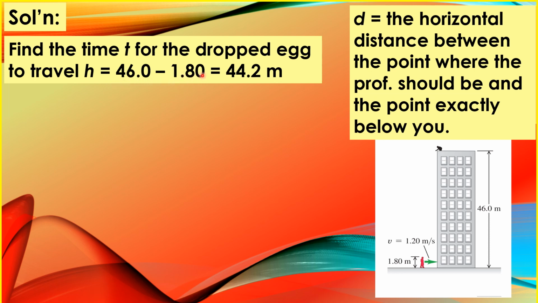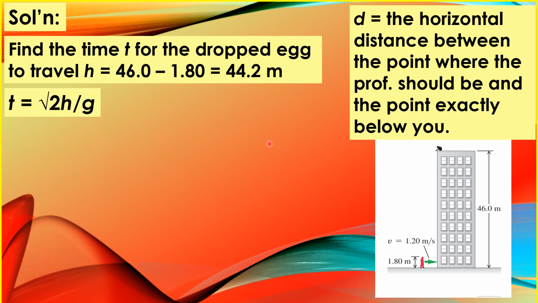This 1.80 meters is the height of the professor, and the height of the building is 46.0 meters. So the dropped egg will travel a distance which is the difference between these two. That is 46.0 minus 1.80 meters, or 44.2 meters.